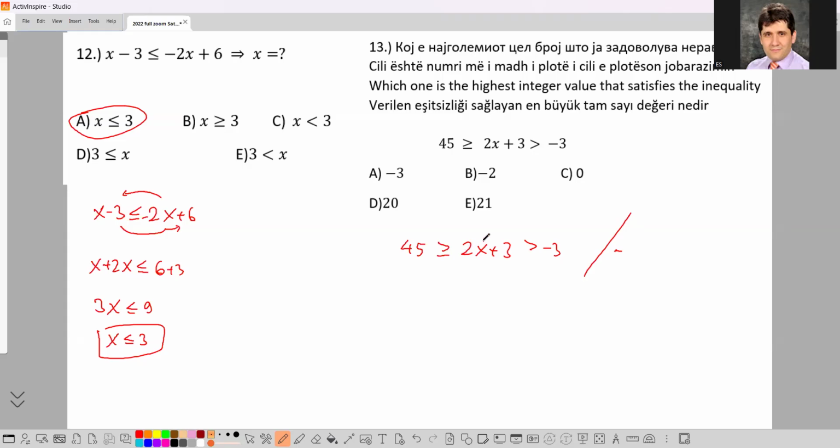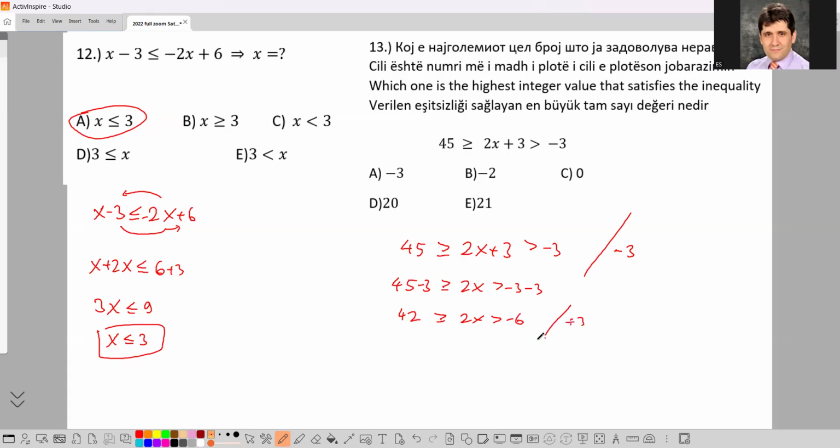In this case, I really want to leave x alone, so I need to get rid of this times 2 and this positive 3. So to get rid of that positive 3, I subtract 3 from both sides. And what do I get? I get 45 minus 3 greater than 2x greater than negative 3 minus 3. That's 42 is greater or equal to 2x greater than negative 6.